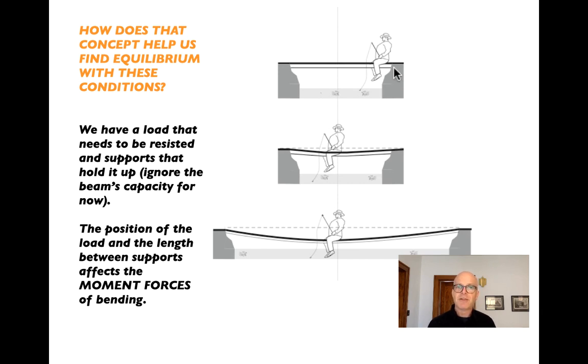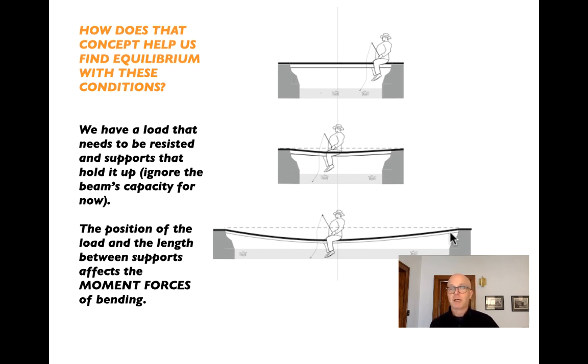So if you think about this condition here, this guy is very, very close to one support, very far away from another support. If we flip that over and think about it like a teeter-totter, we have a fulcrum that's way over on one side of the seesaw. We have a reaction here that's going to have to be quite large, a reaction here that's going to be quite small to balance things out. If the person is sitting in the middle, we can imagine that the loads are going to want to be pretty much equal.